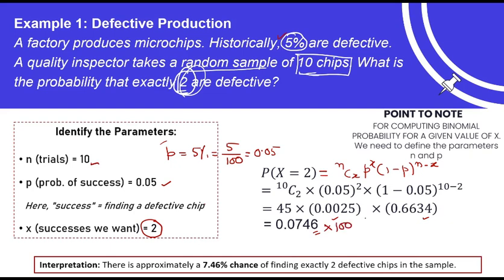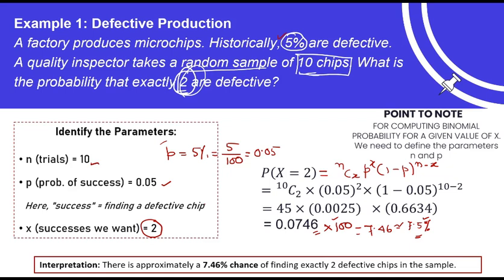For this problem it is not necessary, because they have asked to compute the probability, and this much is good enough. But if you want to interpret, multiply by 100 and you get 7.46. Approximately you can take it as 7.5. That means there is a 7.5% chance of finding 2 defective chips. That is how we interpret the probability.